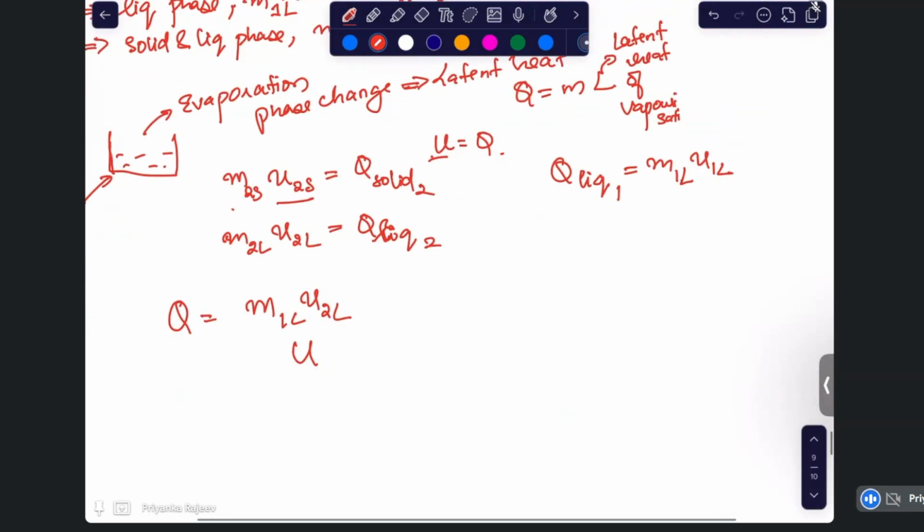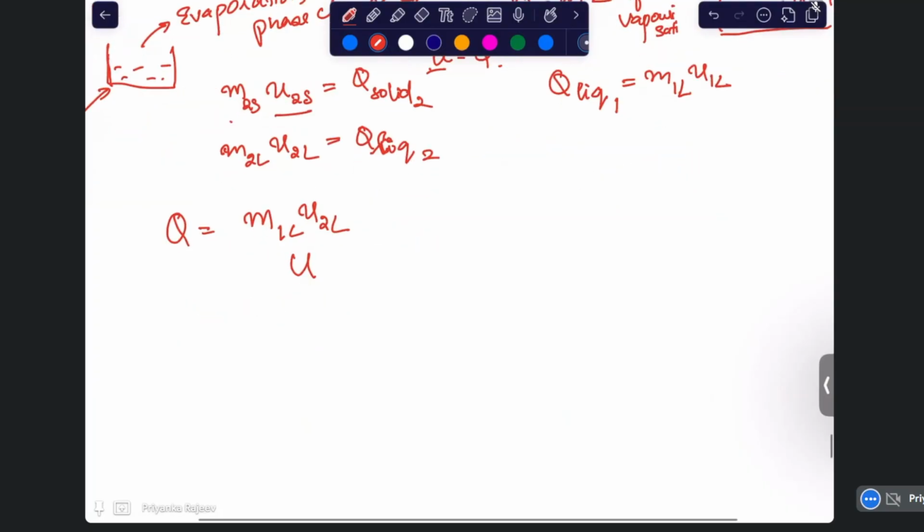So U2L equal to U1L, because the internal energy of the liquid phase is not changing as the temperature is not varying.